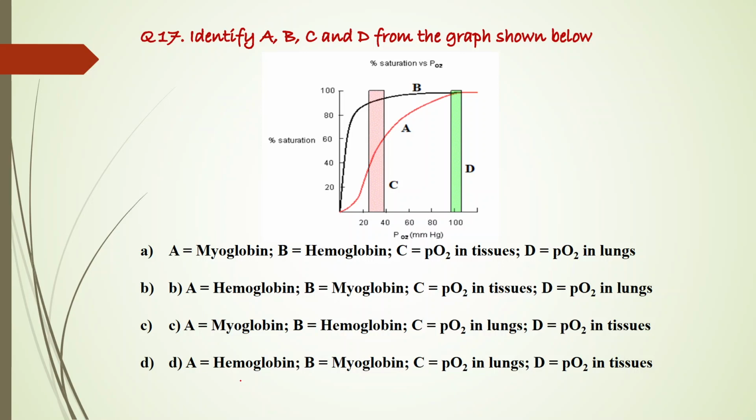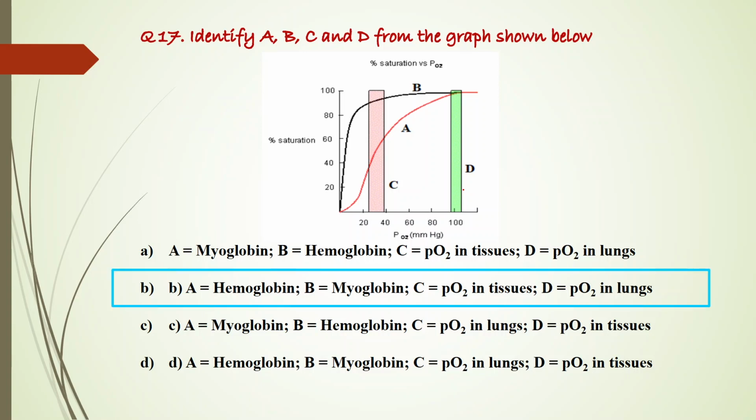A is the red graph, B is the black graph, C is the pink bar graph and D is the green colored bar graph. I think all of you know this. Yes, and it is absolutely correct. The correct option for this is option B.